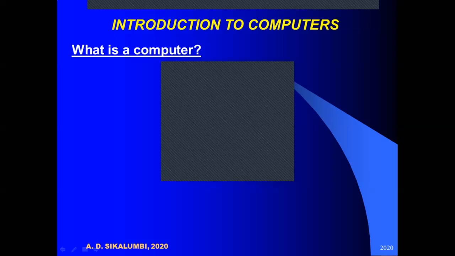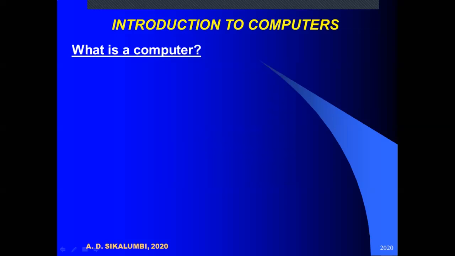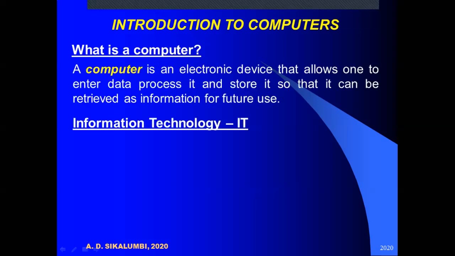So I've got this slide with me here, introduction to computers, and we want to define what a computer is. As we discussed last time, a computer is an electronic device that is used to process, store, retrieve, send, and receive information, meaning the computer does the processing and has the capacity to store some information up to a certain level.